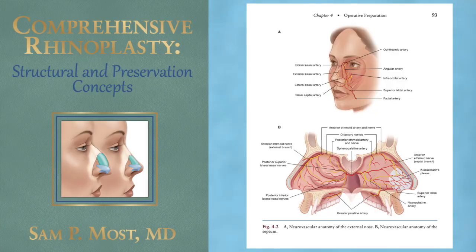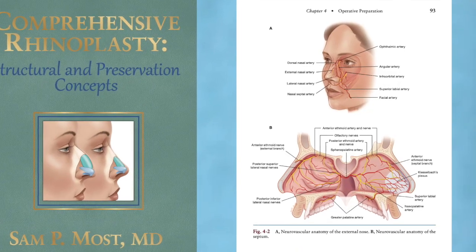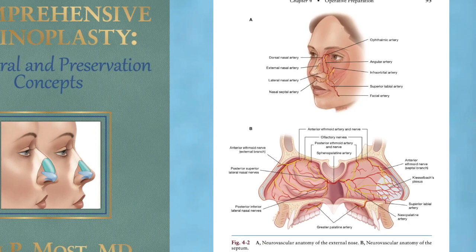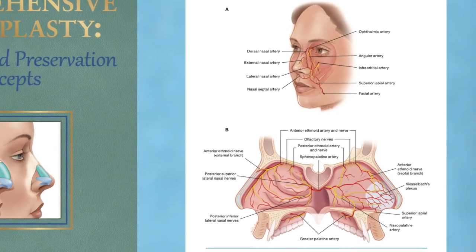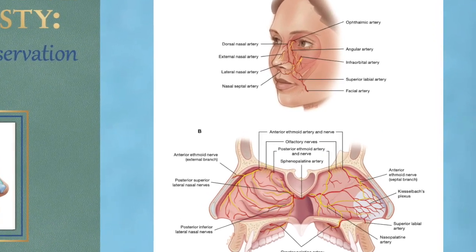It's worth understanding a little bit of the neurovascular anatomy of the nose, and these diagrams and others in the textbook, done by my artist, Chris Grallop, who's just wonderful, show this quite nicely. But this is important to understand so that at the start of the case, doing your injections, and we use a mixture of bupivacaine, lidocaine, epinephrine, and TXA in order to achieve the best hemostasis and anesthesia for our patients.